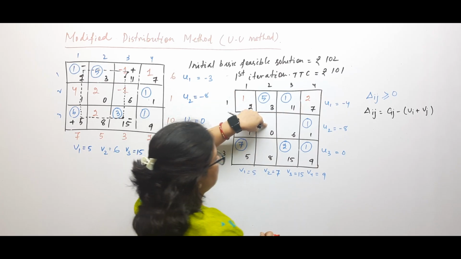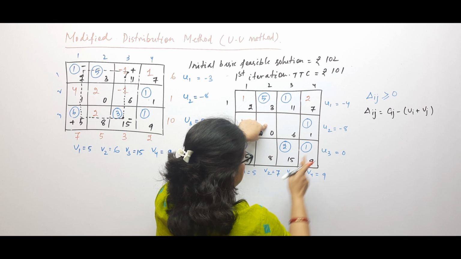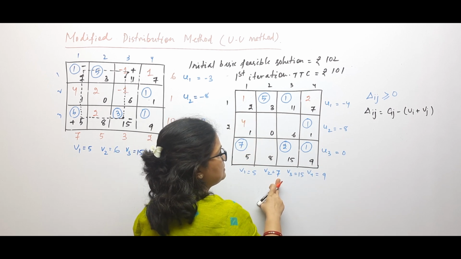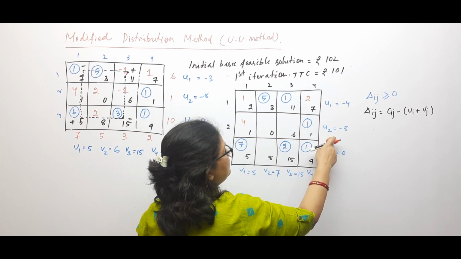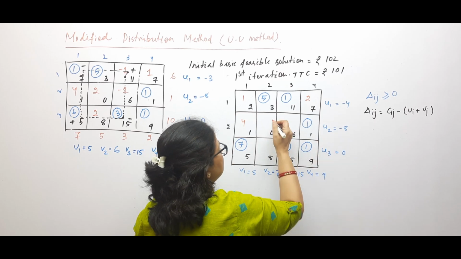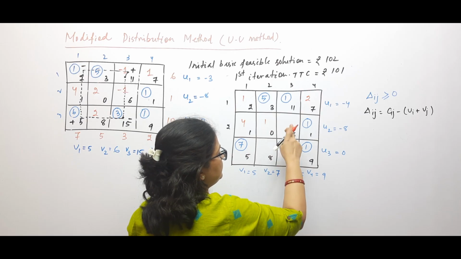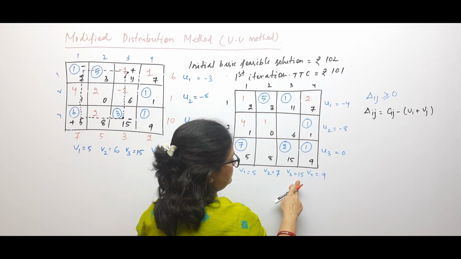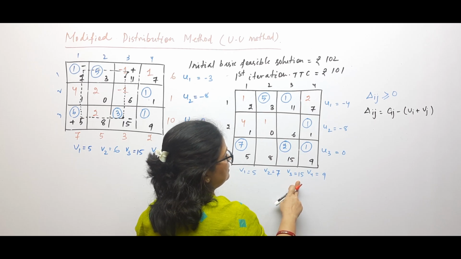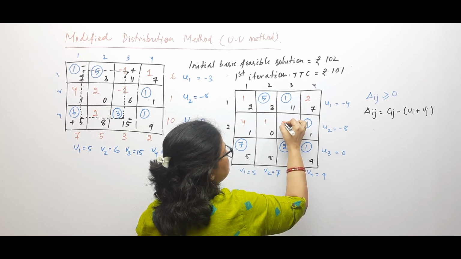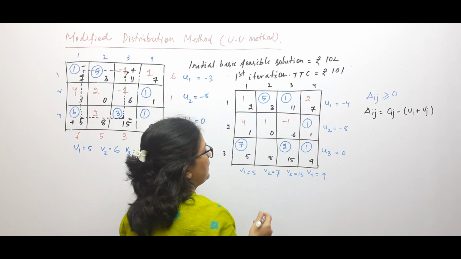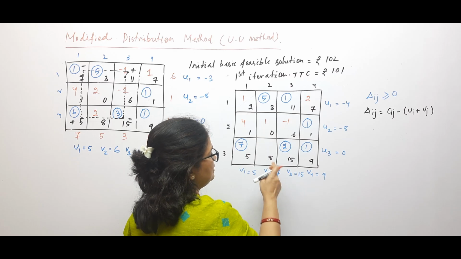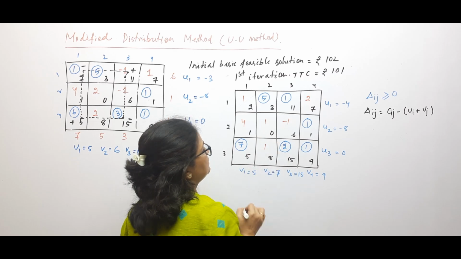For this minus 8 plus 7, it is minus 1. 0 minus minus 1, that is plus 1. For this it is minus 8 plus 15 is equal to 7. So 6 minus 7 is minus 1. For this we can calculate 0 plus 7, 7. 8 minus 7 is 1.